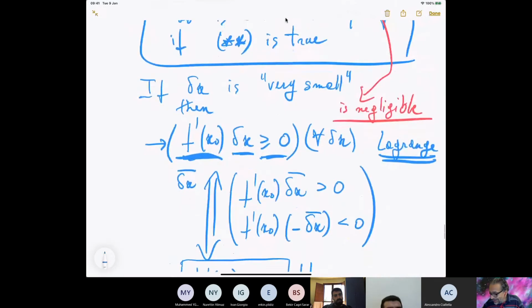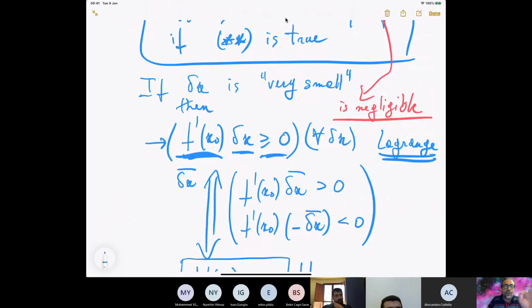So you could say, in other words, if you are in a minimum x0, imagine to vary a little bit the independent variable. Then the first derivative of the function in x0 multiplied times this imaginary variation of the independent variable has to be always greater or equal to 0.